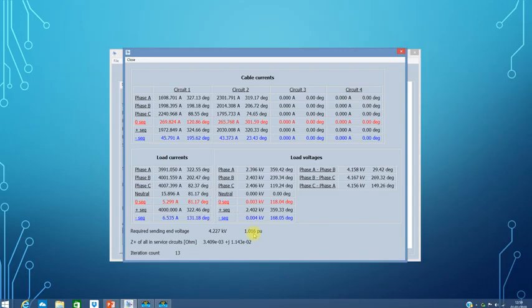Now, of course, we don't know the voltage drop across the cable before we do the calculation, so there is a little iterative calculation undertaken to find the required sending voltage to circulate the specified load current.